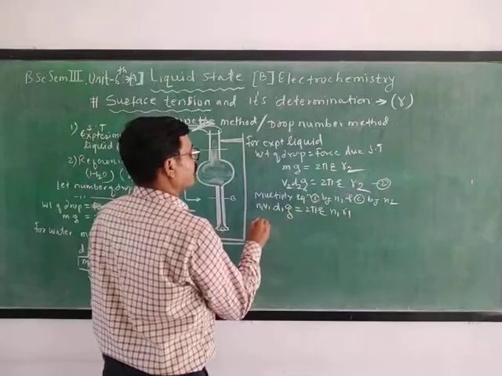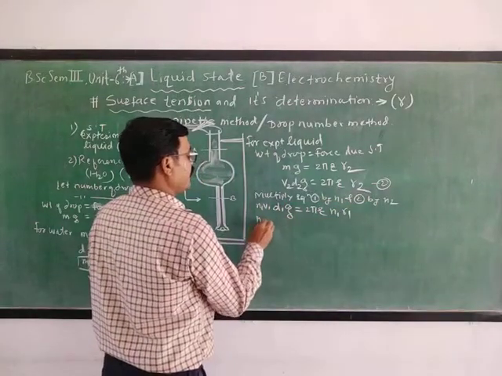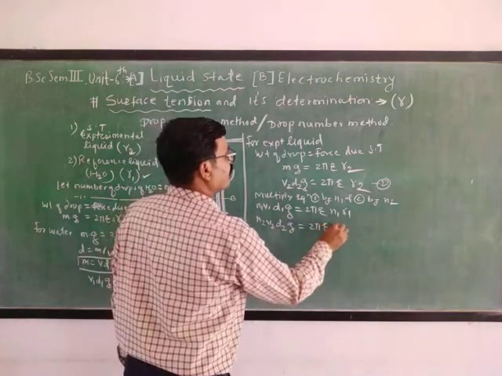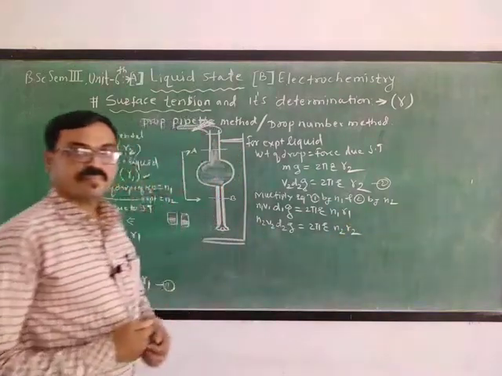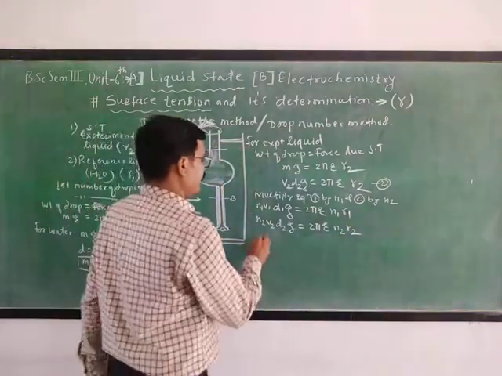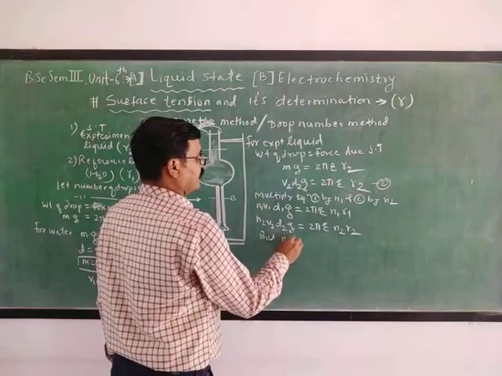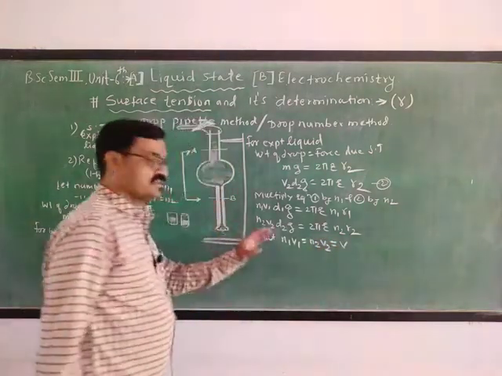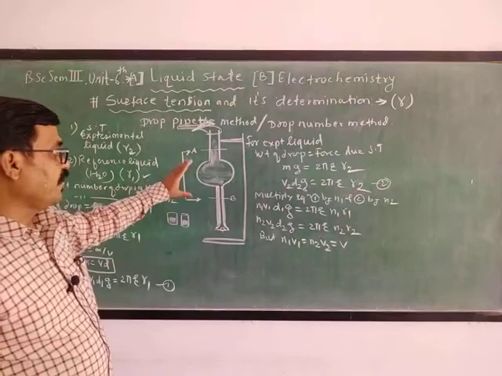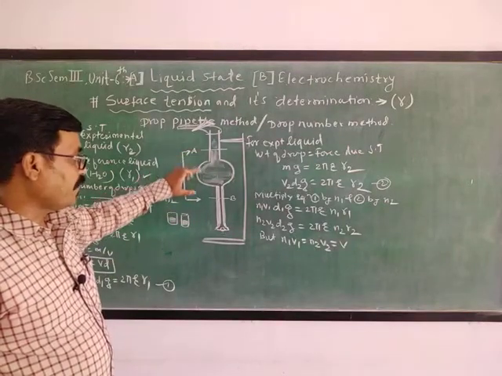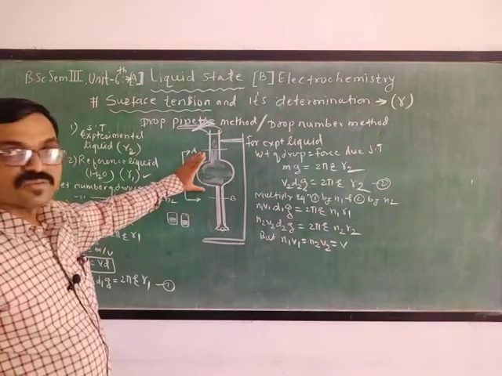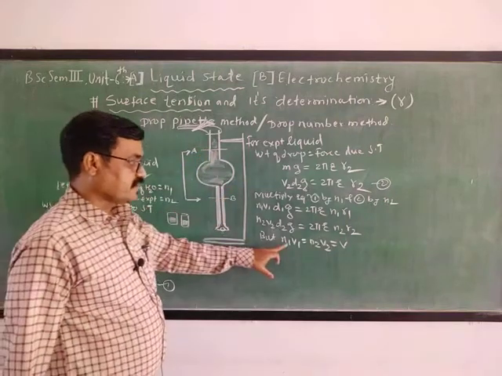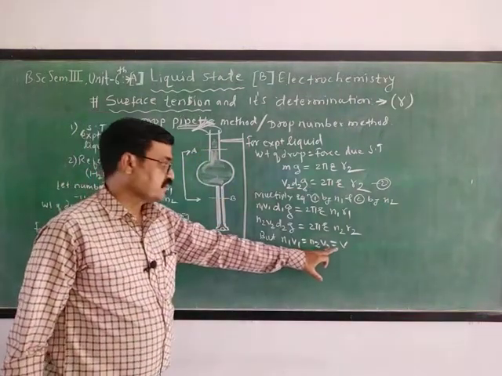Equation 2 multiplied by n2 gives n2 V2 into d2 into g equals 2 pi r n2 into gamma 2. But you know that n1 V1 equals n2 V2, that equals V. This V is the volume of liquid flowing from mark A to mark B, and that's why this volume for water is exactly equal to the volume of the experimental liquid. That's why n1 V1 equals n2 V2 equals V.